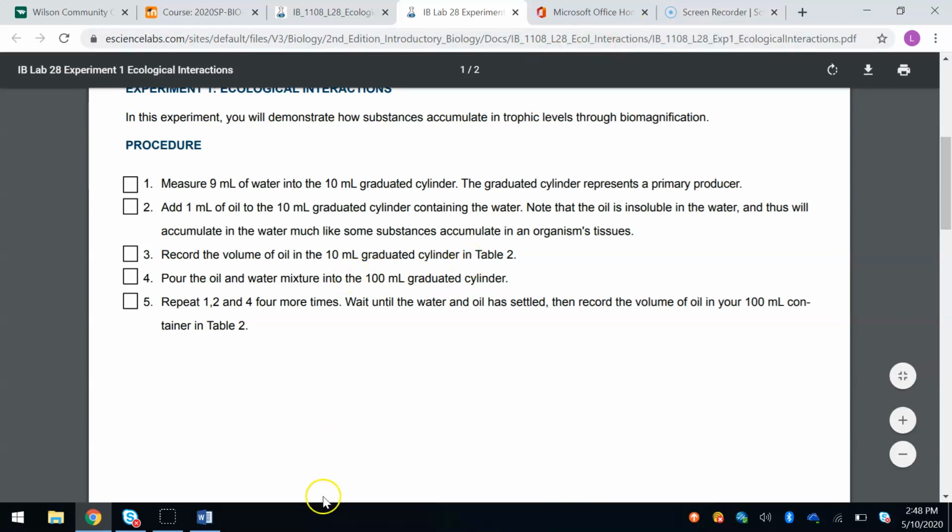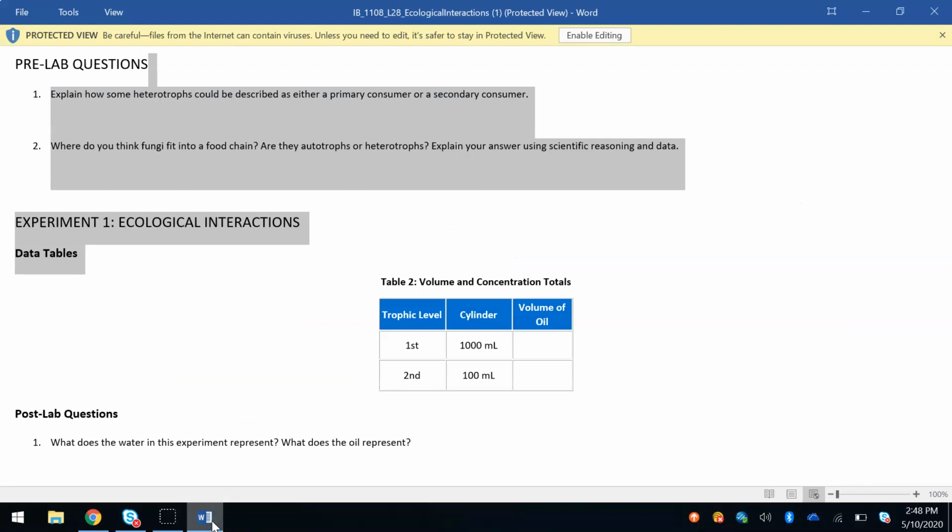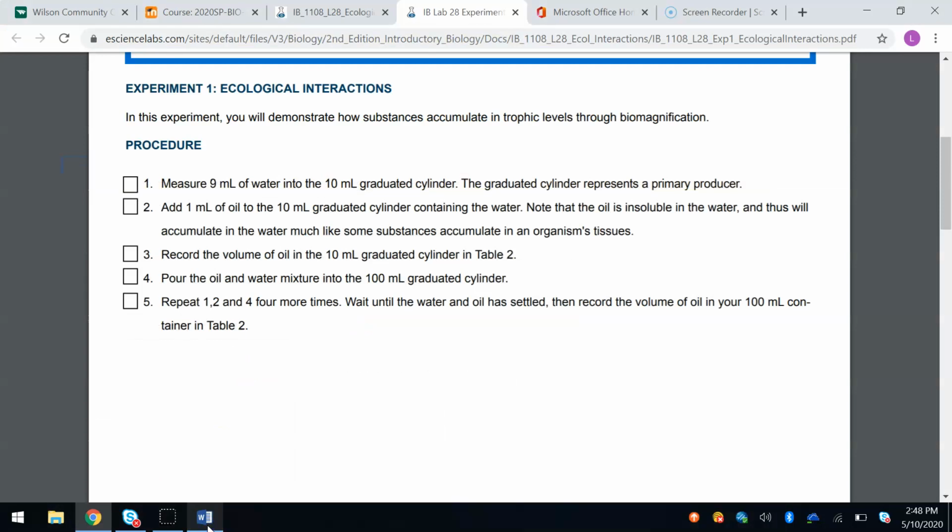All right, so let's go back to that. This is table 2. All right, I'm starting to see where you're having problems. Record the volume of oil in the 10 milliliter graduated cylinder in table 2.